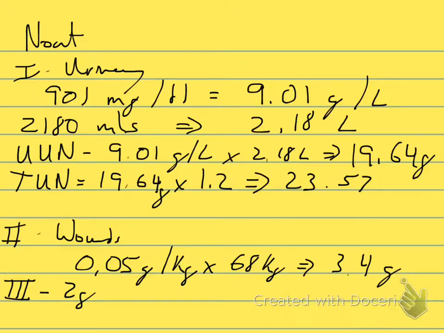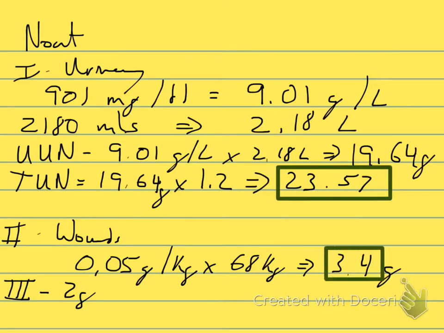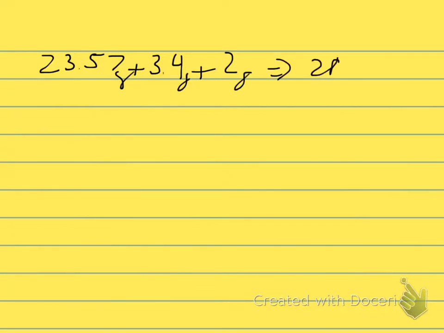So now I'm going to add my 23.57 from urine, my 3.4 grams from the open wounds, and then my 2 grams coming from skin. 23.57 plus 3.4 plus 2, and these are all grams of nitrogen. That gives me 28.97 grams of nitrogen.